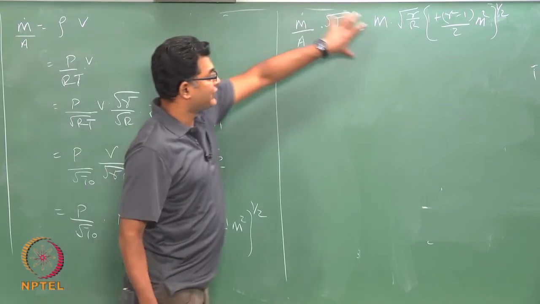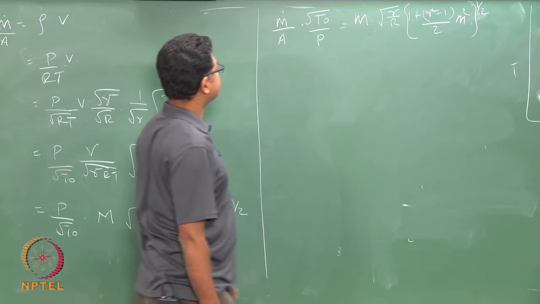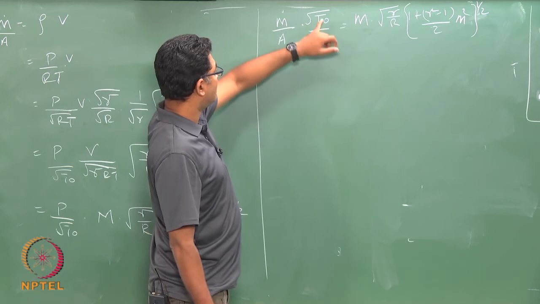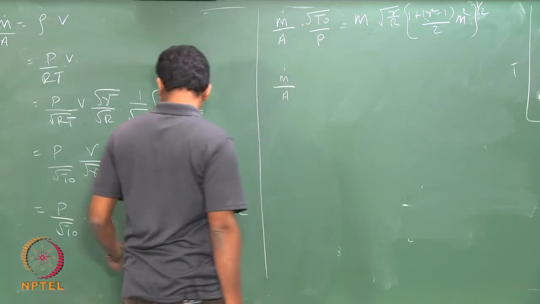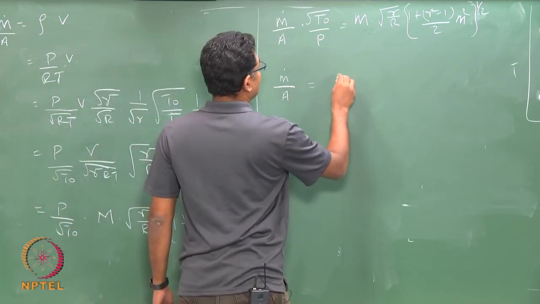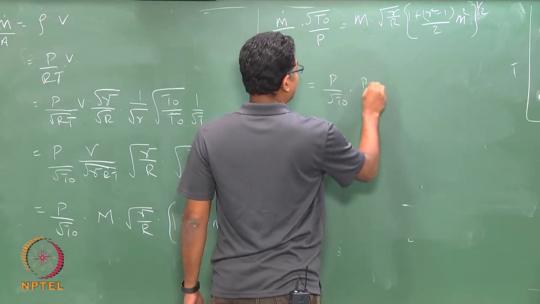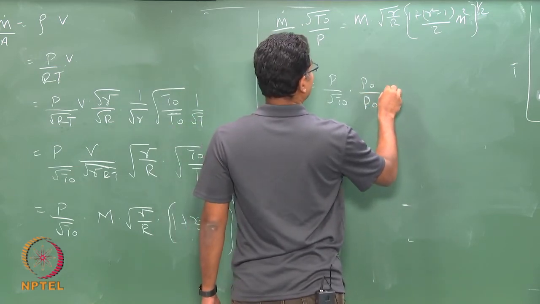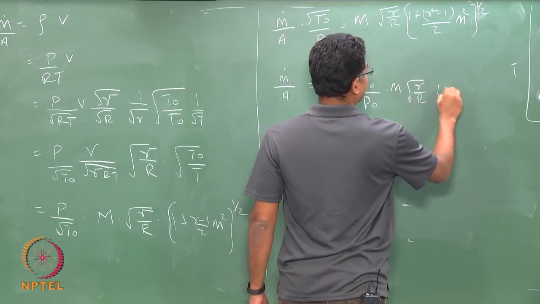So this quantity is going to depend only on your Mach number at the exit and these ratios. I can change P also in terms of Mach number by multiplying and dividing it by P0.